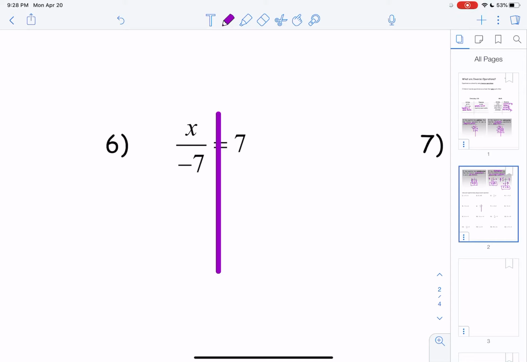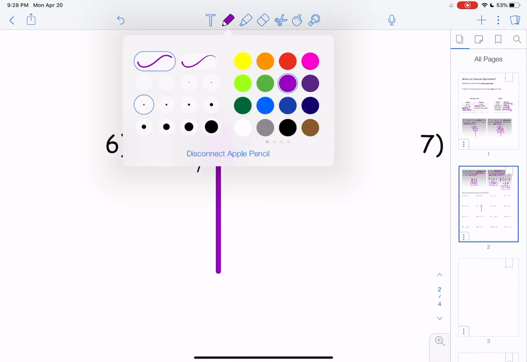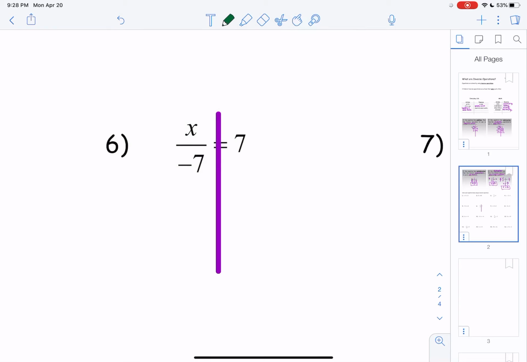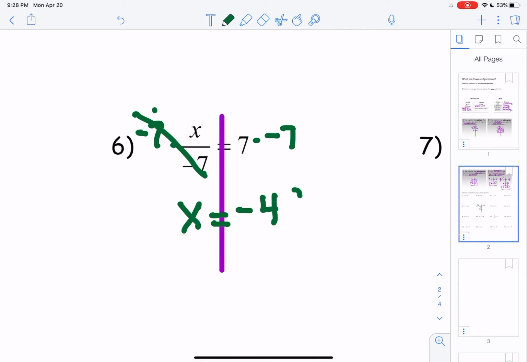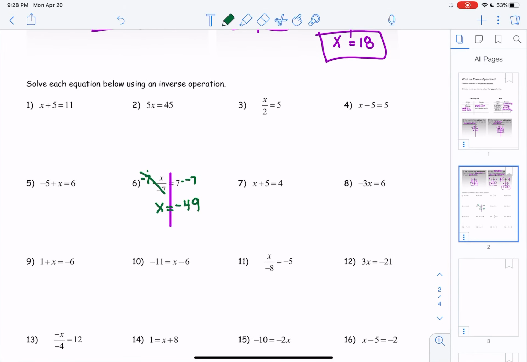Right now, I'm dividing by negative 7. So, what is my inverse operation? I need to multiply both sides by negative 7. These two are going to get 1s. I'm left with x equals 7 times negative 7, which is negative 49.